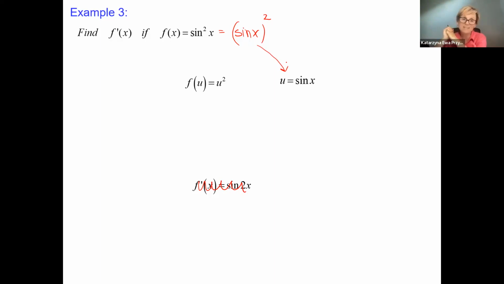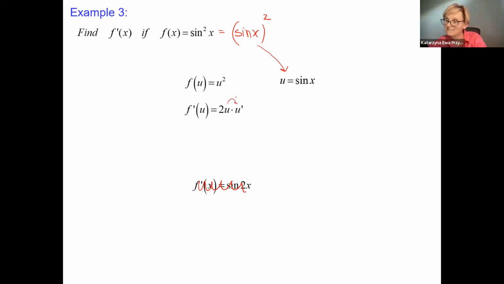Please tell me, what's the derivative of u squared? The same as x squared, but we will add the chain rule. It's 2u. But we also know that u is the inner function. That means we will say 2u times u prime. Follow the chain rule.